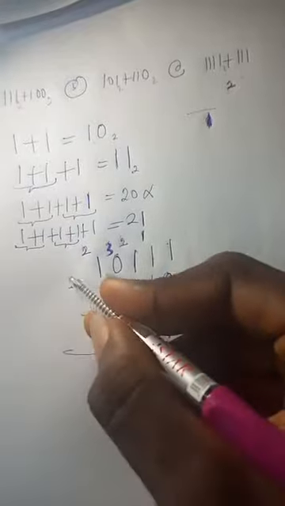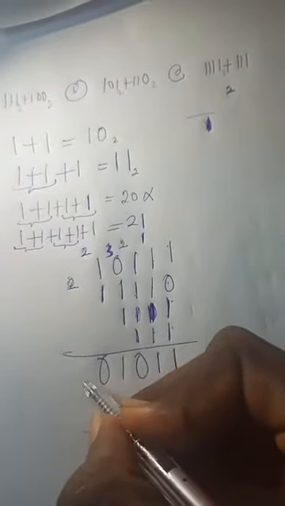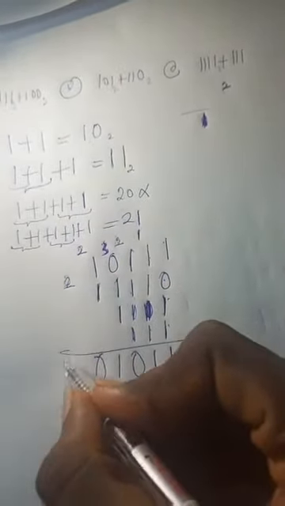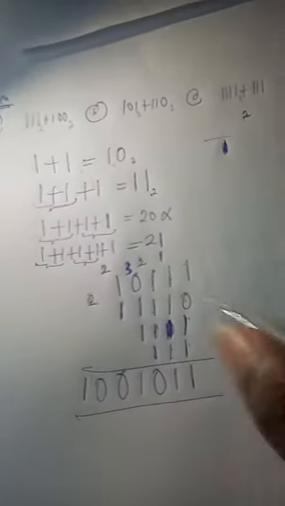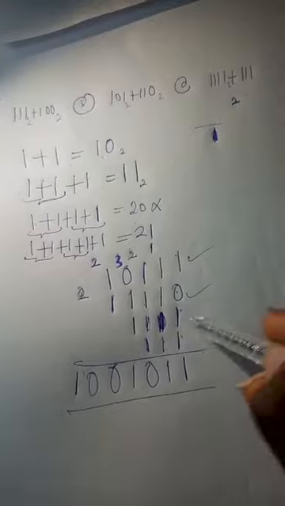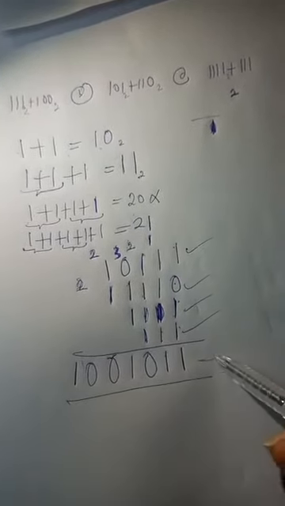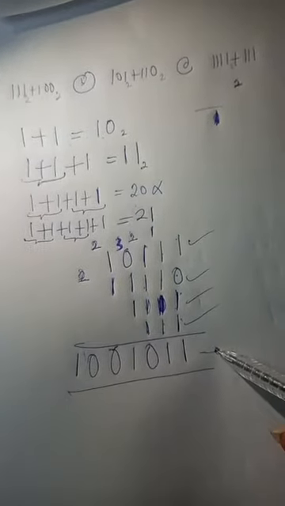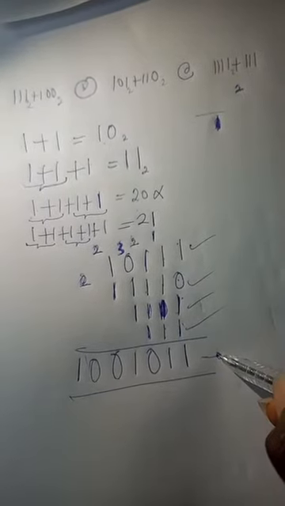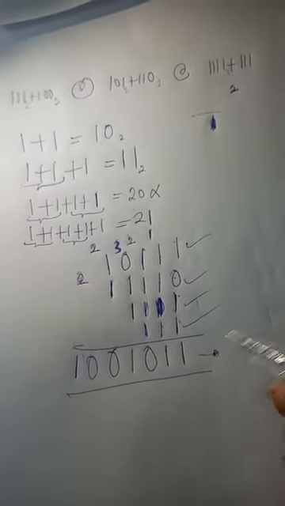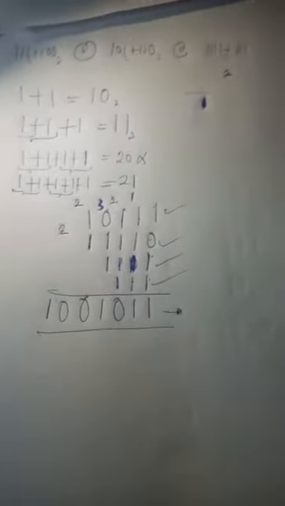Then nothing to add up. This 2 represents 10. Instead of writing 2 here, when you break it down, normally 2 represents 10. So this is the correct answer. If you go ahead and use any other method, you might end up getting the correct answer, but this is just the best way to get it clearly and get the correct answer.